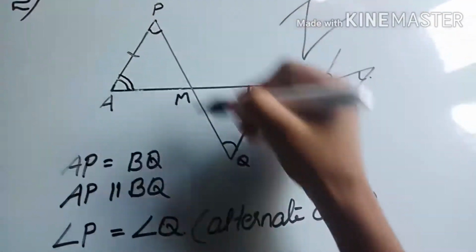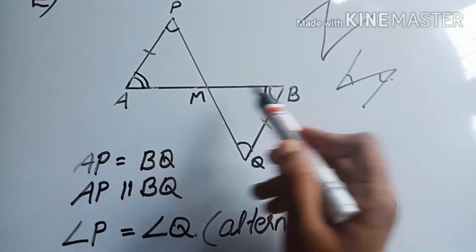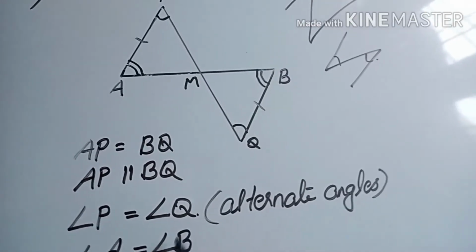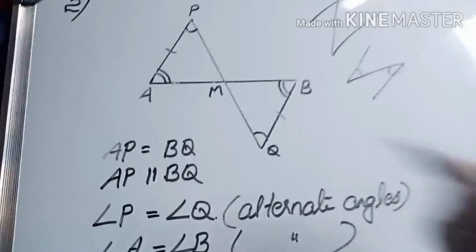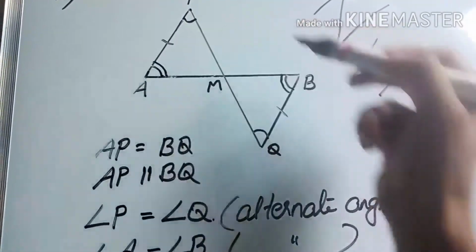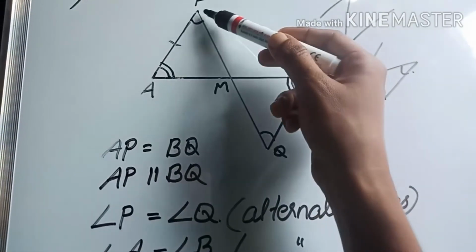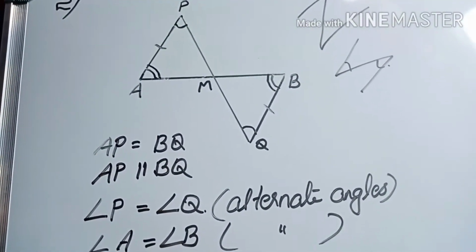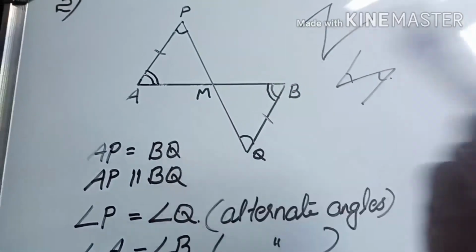No need to consider this line, just consider this line. So angle A and angle B will be equal. The reason is the same, alternate angles. Now PA and BQ are equal sides, and at the ends angle P equals angle Q and angle A equals angle B. So by the third concept we can say that these two triangles are equal triangles.